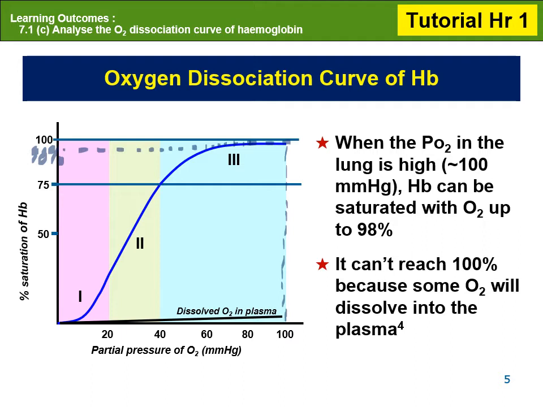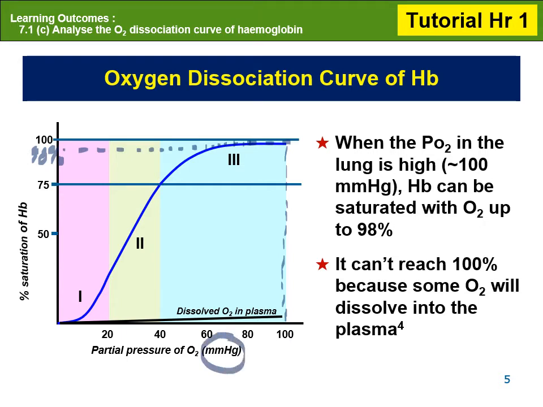As hemoglobin passes through the lungs, the partial pressure of oxygen is about 100 mmHg. The partial pressure of oxygen ni 100, unit dia millimeter Hg.